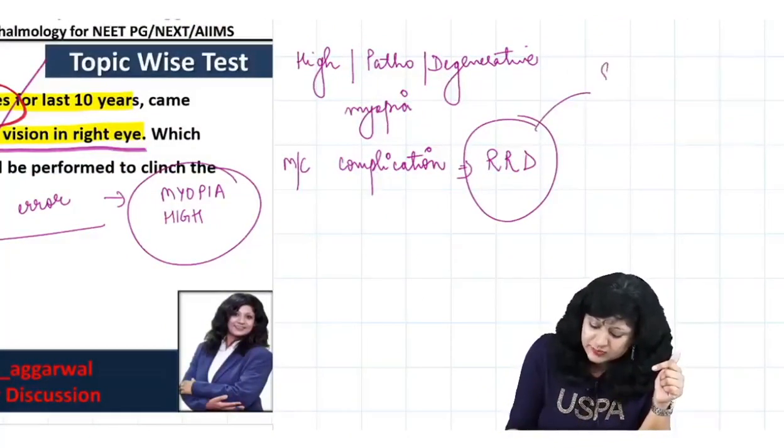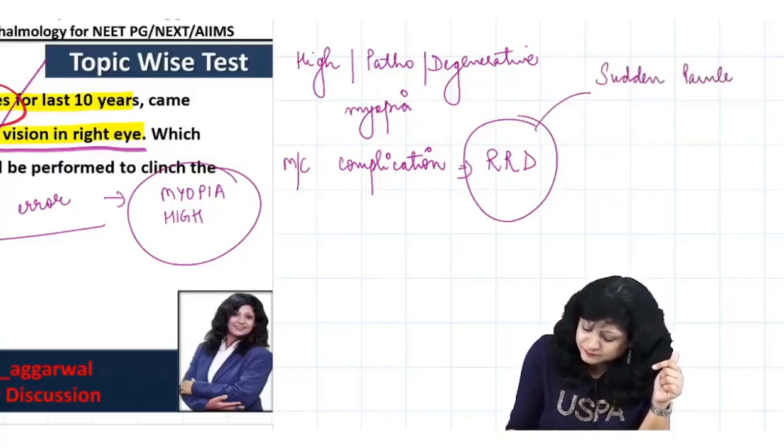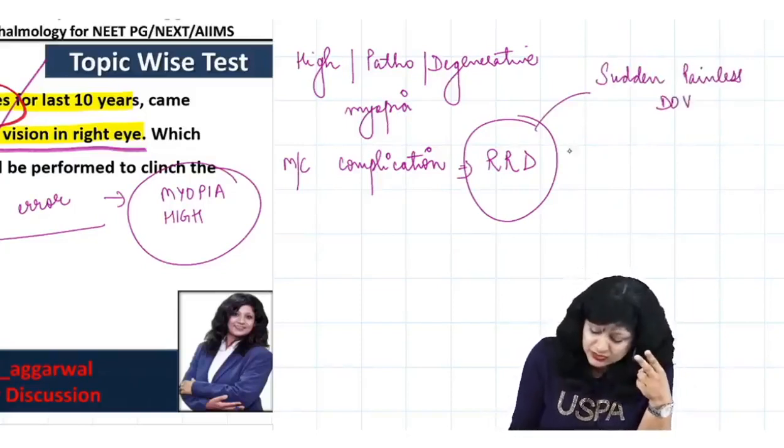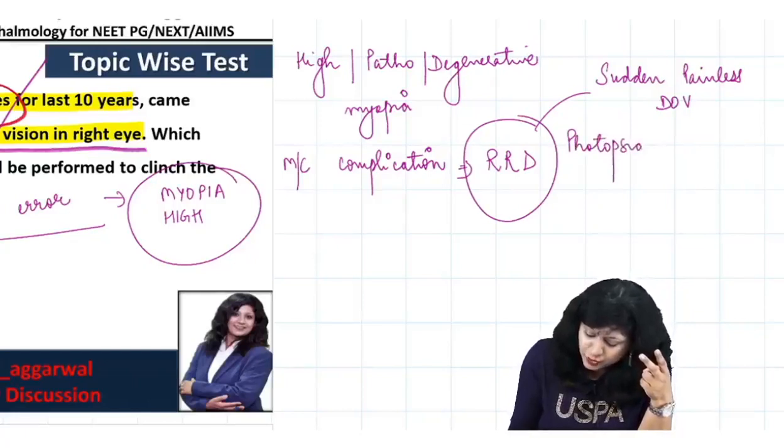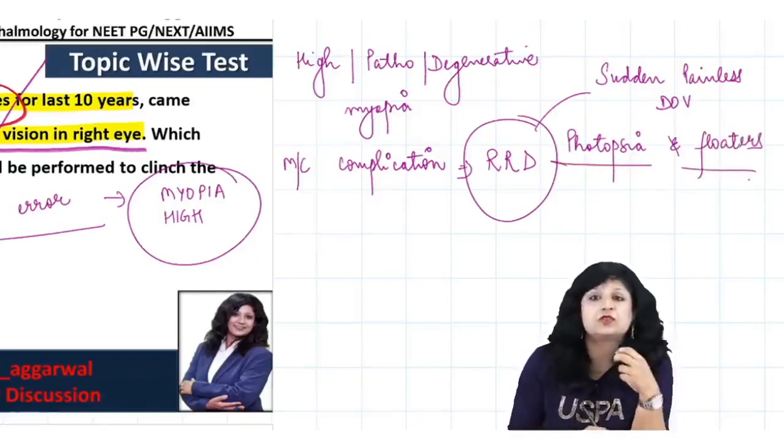This patient will come up with sudden painless diminution of vision, and two things are very unique, that is photopsia and floaters, which are very unique to this RD.